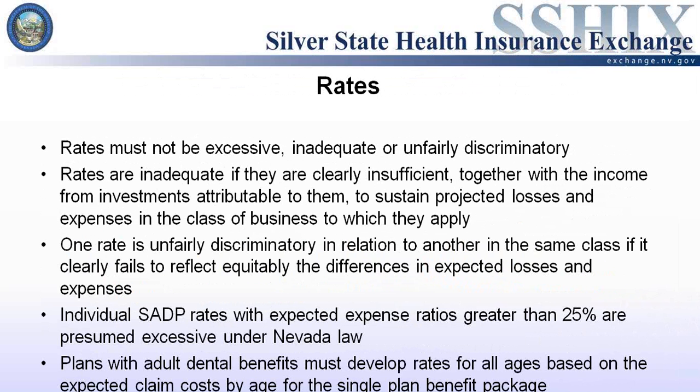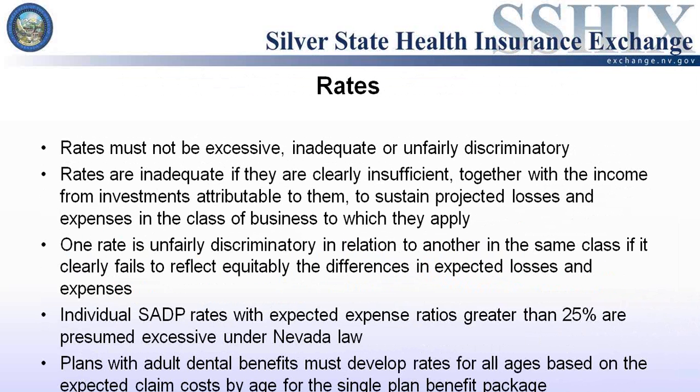What's unique, though, to dental plans is we do have a loss ratio standard. It limits the expected expense ratio to 25% for individual standalone dental rates. So those plans cannot have an expense ratio in excess of 25%. That's presumed to be excessive.